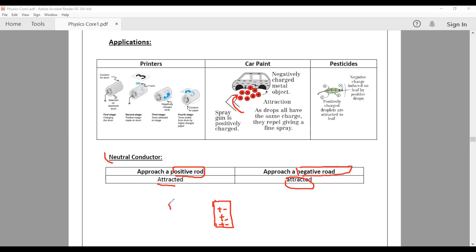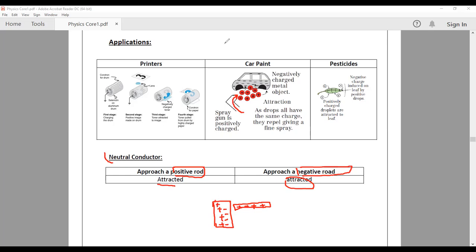What if I applied a small rod that was positively charged? What will happen? Let's apply this rod from the other side. It will be attracted to the negative that is on the same side.